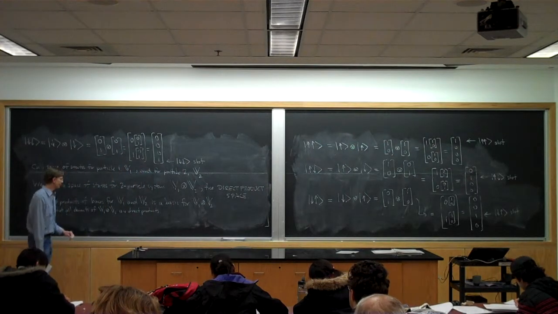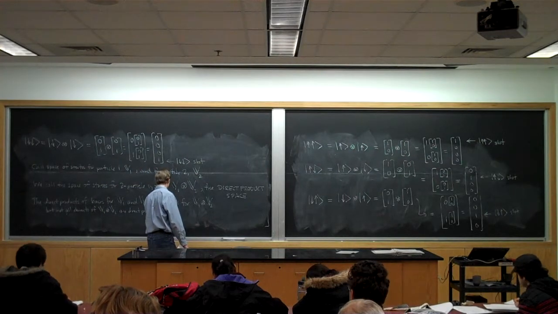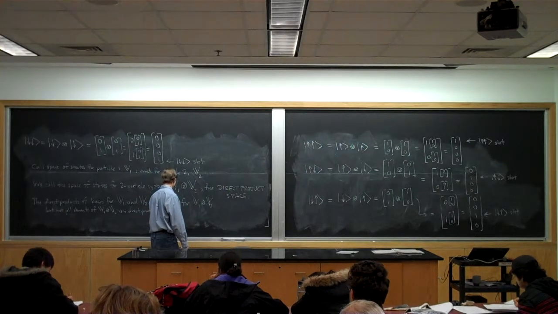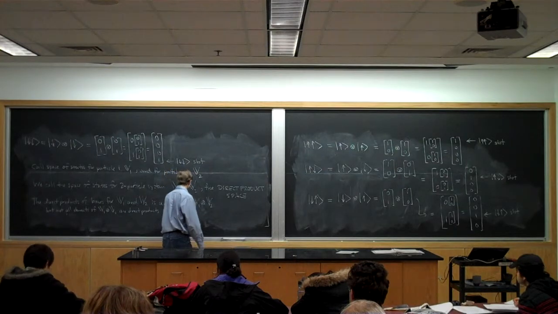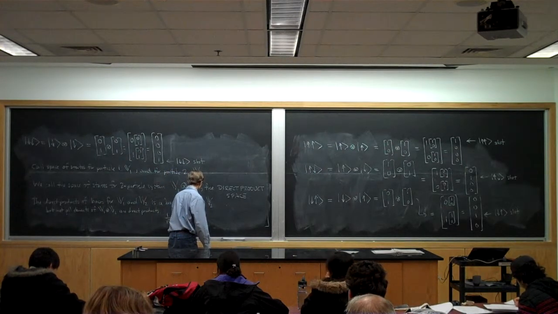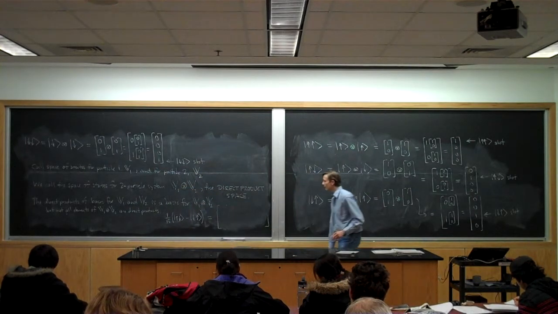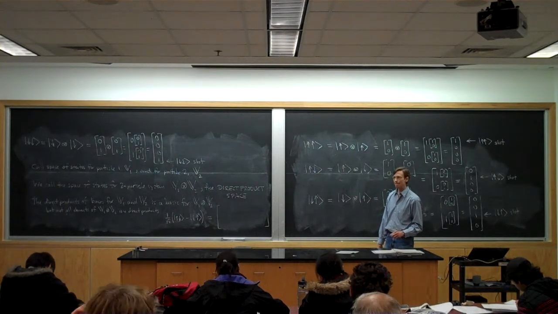So, for example, 1 over root 2 of up, down, minus down, up. How would I represent that as a column? What's 1 over root 2 up, down, minus down, up? As a 4-component column, what is that?